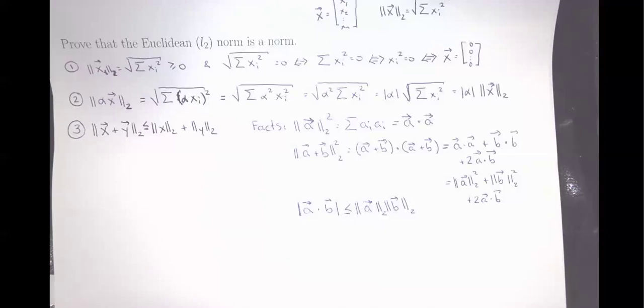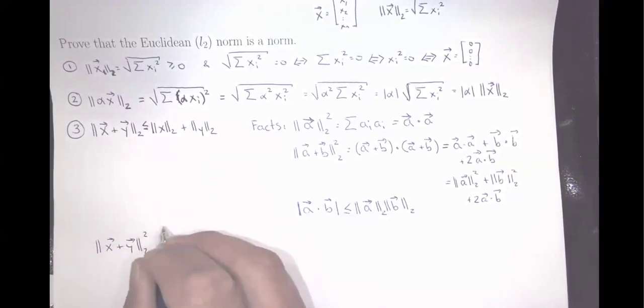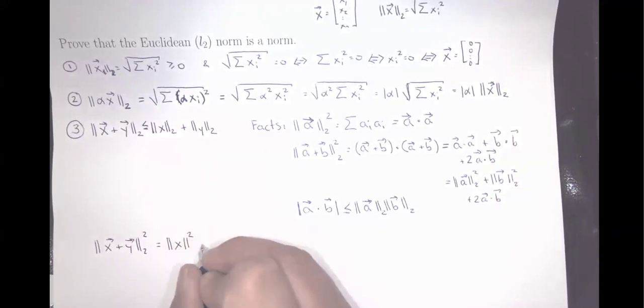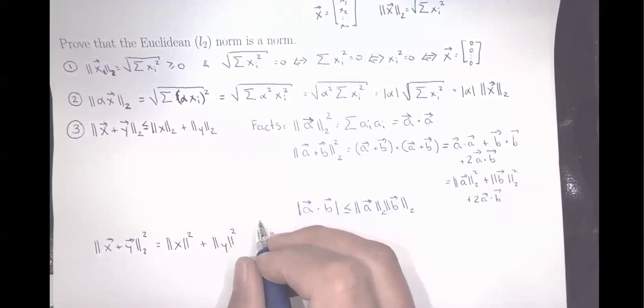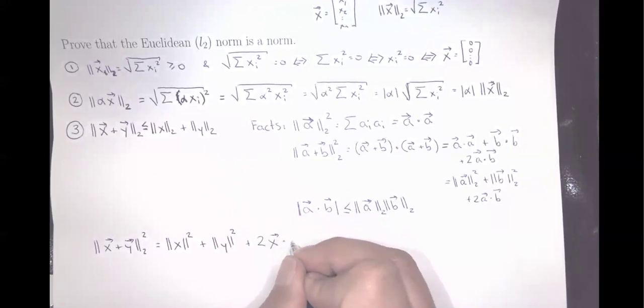we can prove this inequality. So the 2 norm of x plus y squared is then going to be equal to the norm of x squared, norm of y squared, plus 2x dot y.